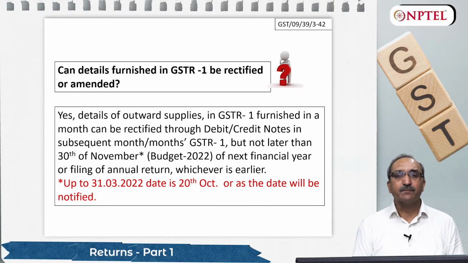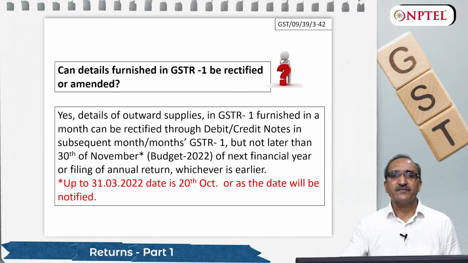So friends, there is a provision in section 37 that we can amend the details furnished under GSTR 1, and if later we find any mistake or omission, we can rectify that. This rectification of GSTR 1 can be made up to 30th November of the next financial year.